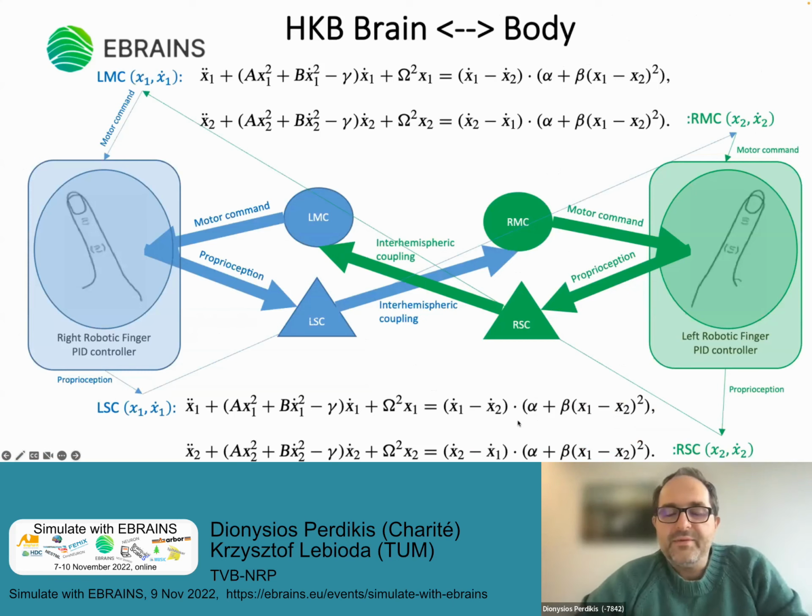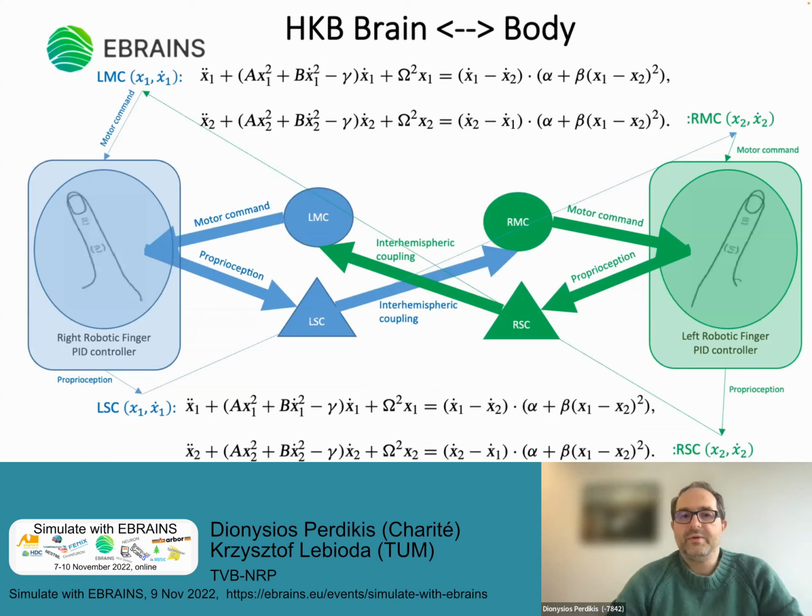So in order to implement this, we form this task dynamics where we focus on 4 brain regions, the 2 motor cortices and the 2 sensory cortices, for each one of which we use one of these equations, as you can see here, and we couple them in the following manner.